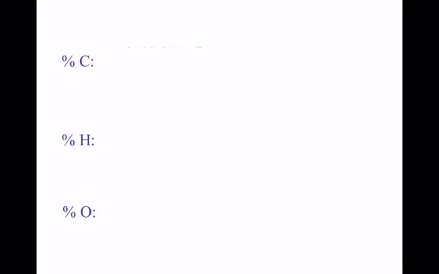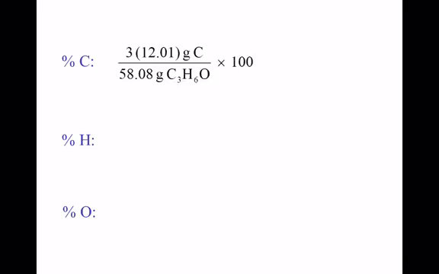So it looks like this. For carbon, we take that 3 times 12.01 and divide it by 58.08. Hopefully you recognize that 58.08 is the mass of an entire mole of compound. The 3 brings no uncertainty.